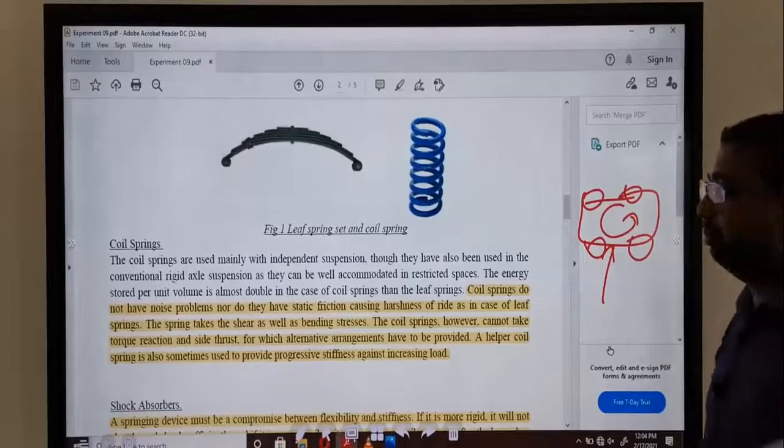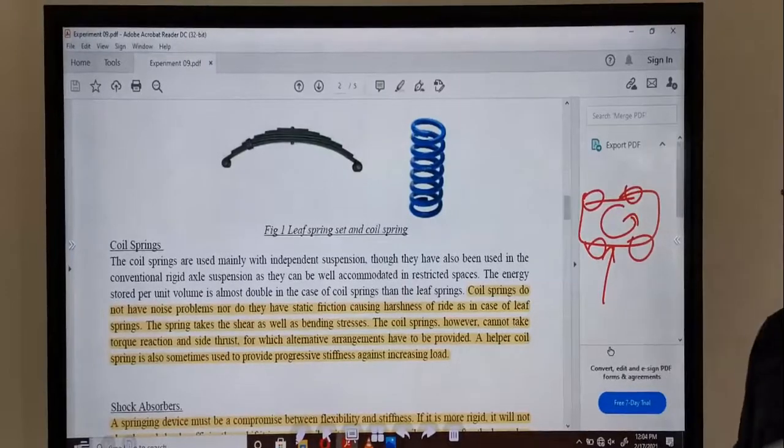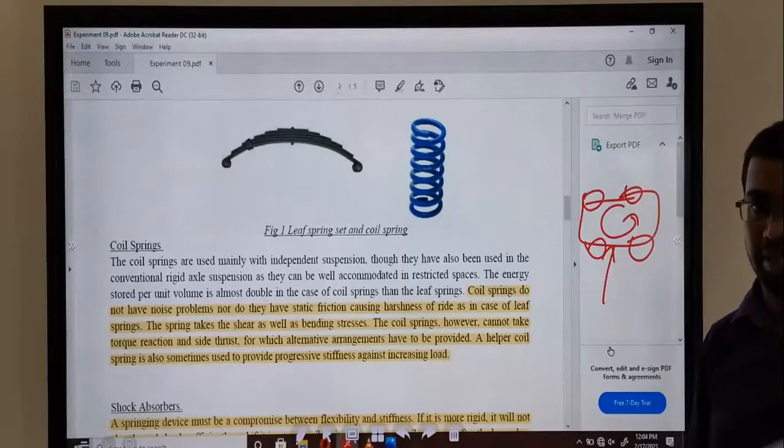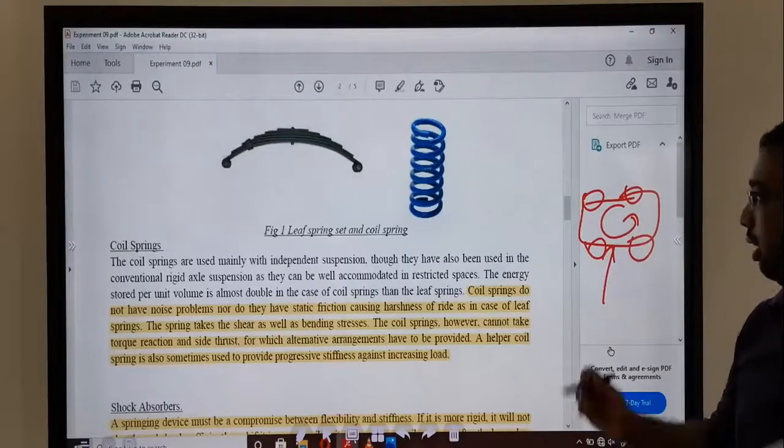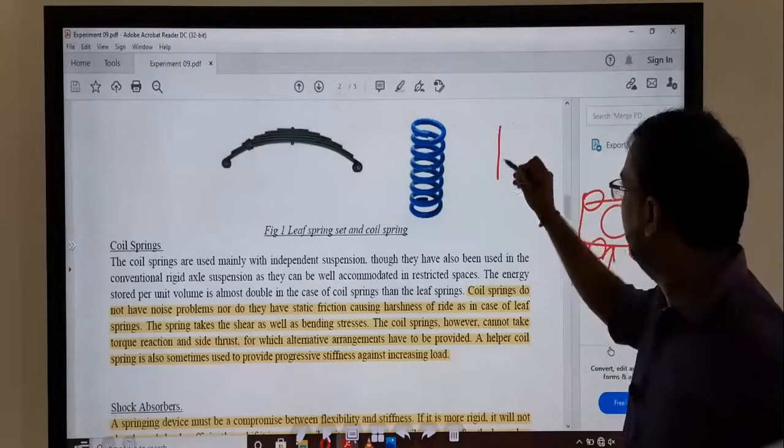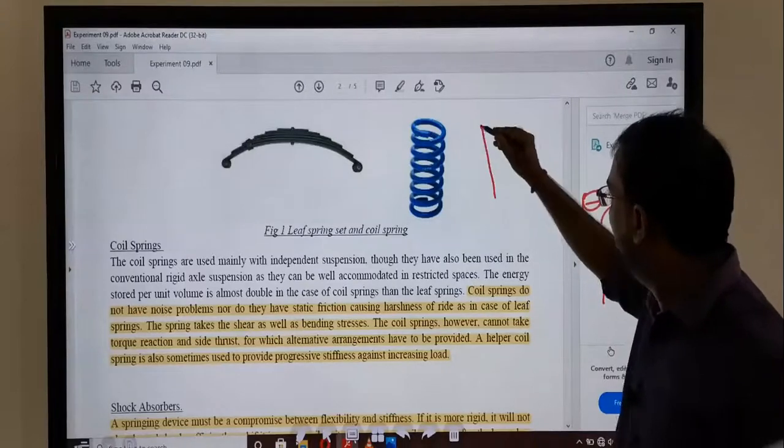You can see it in a bus. The heavy vehicle bus is filled with a lot of passengers. In the front view you can see the body and chassis like this.